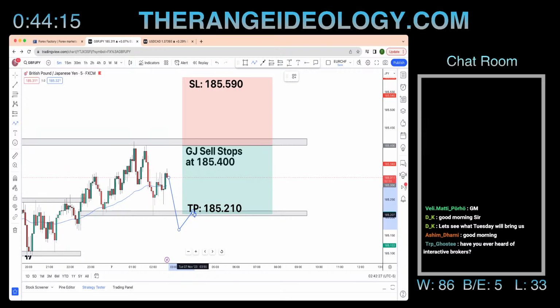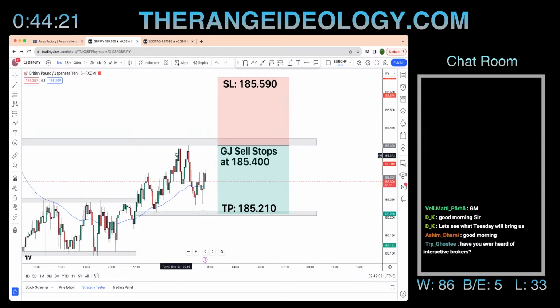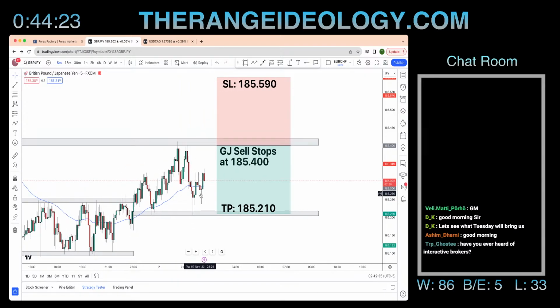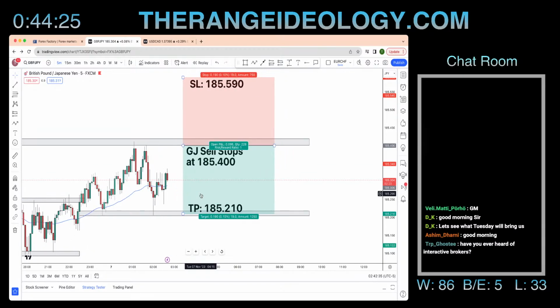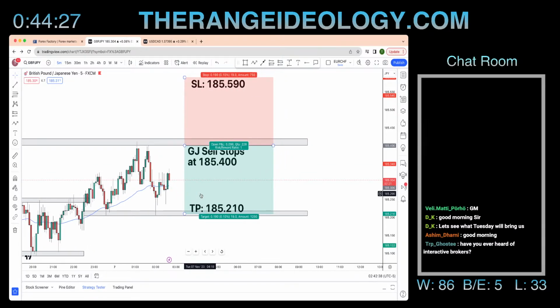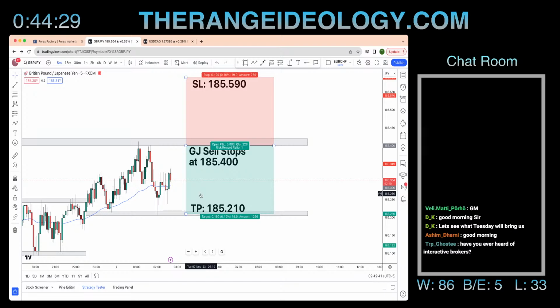So this whole setup will have to be changed, but it's no problem because within the range, guys, we can catch both ways, and that's why our buys can change over the period of time here, right? So it doesn't mean that the range is not being respected. It definitely is.